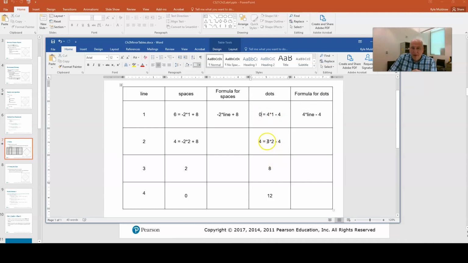Similarly, here on the second line, I take positive 4, my increase, multiply it by the line number, which is 2. That gives me positive 8. But I want positive 4. That means I must subtract 4 to get the positive 4. And so the formula for the dots will be 4 times the line number minus 4.